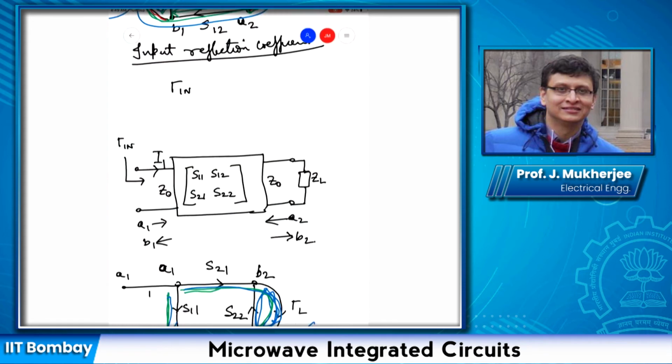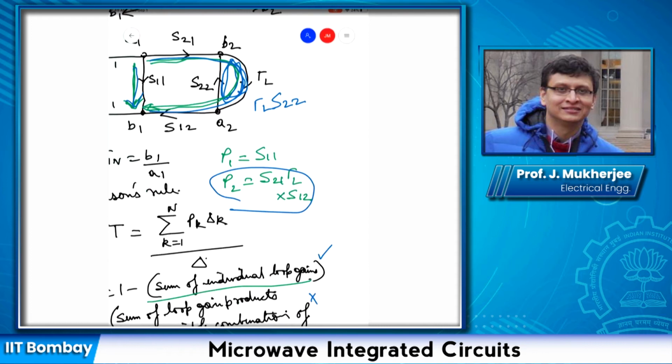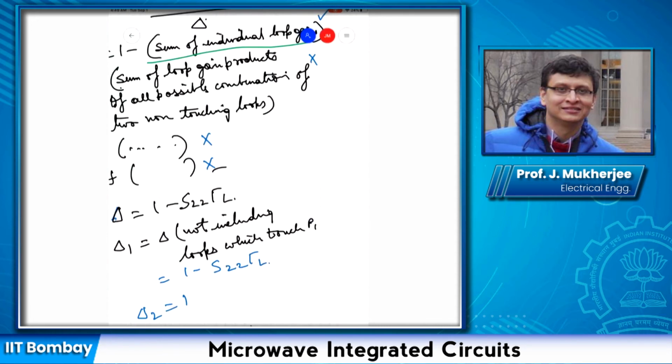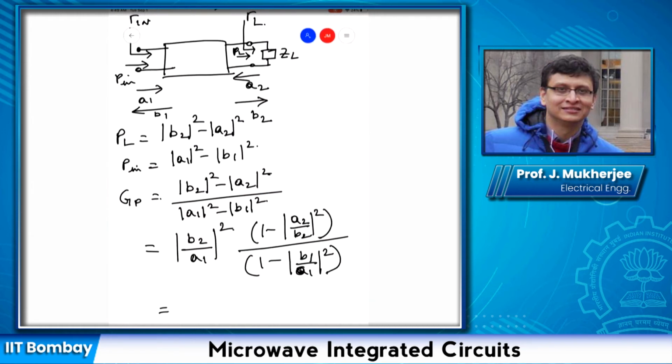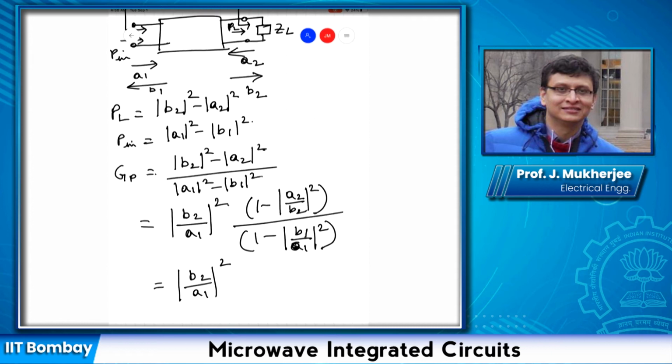So A2 upon B2 is nothing but gamma L. This we can write as 1 minus modulus of gamma L square. And what is this quantity? We just found out, this is 1 minus modulus of gamma in magnitude square.